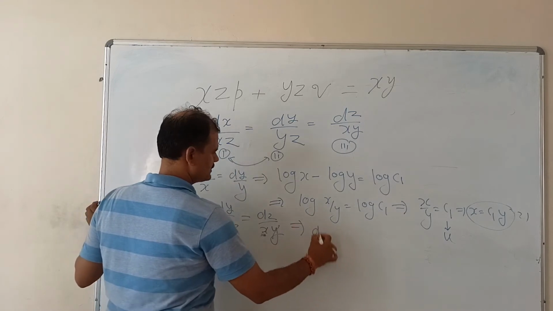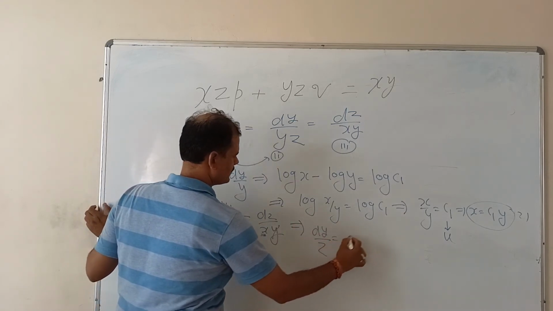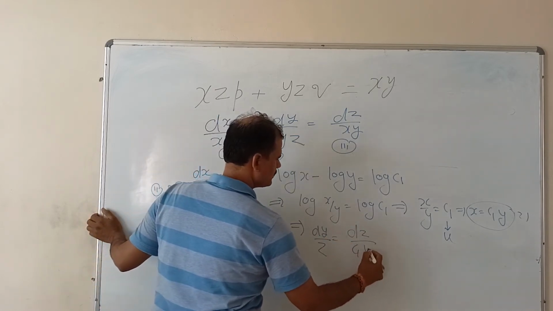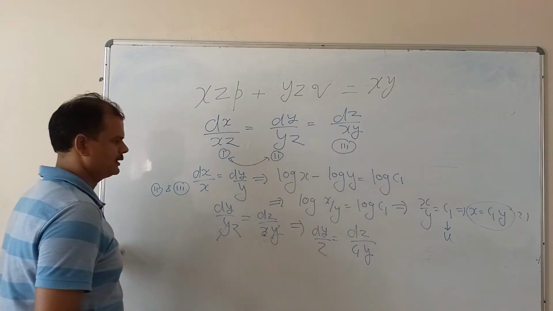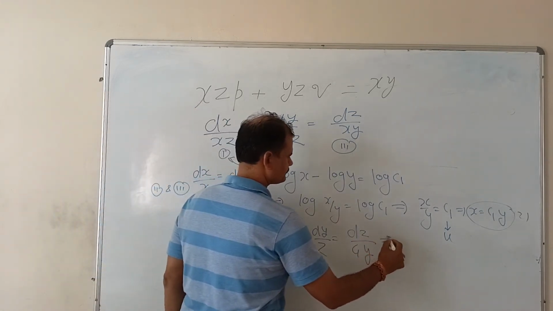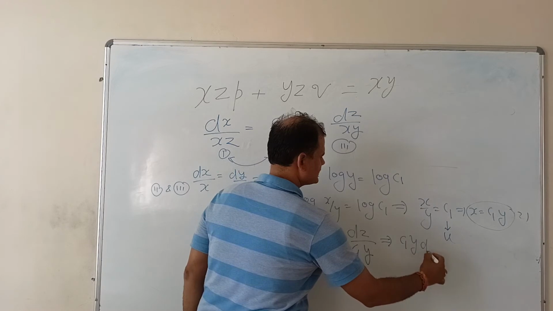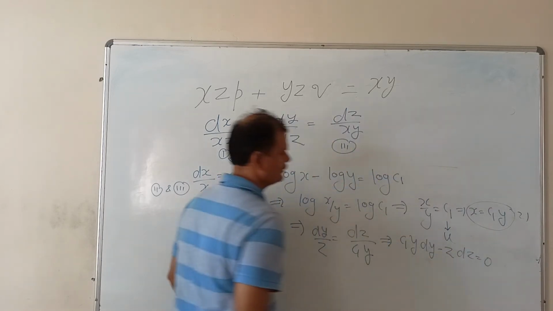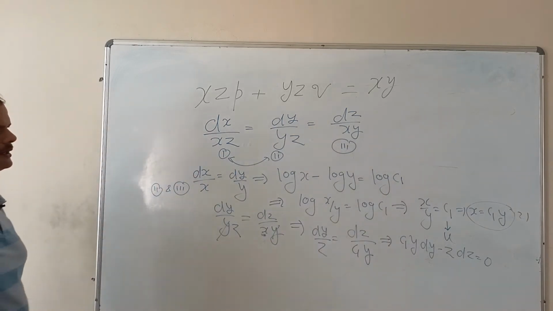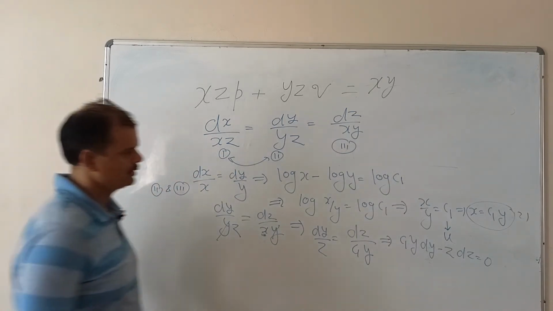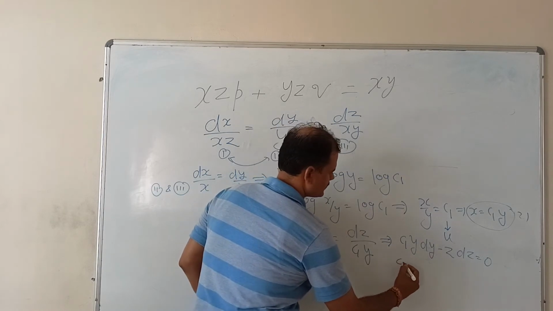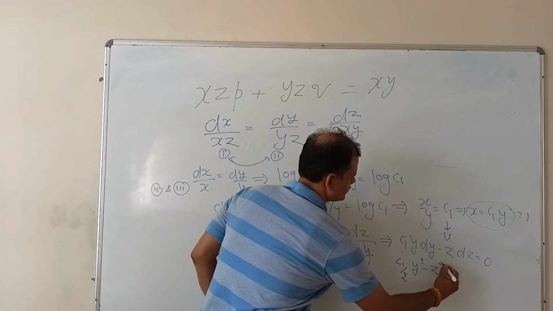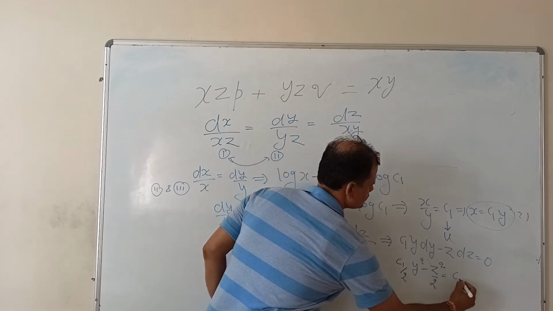Which implies dy by z, dz by, in the place of x I am having c1y. So this will be c1y dy minus z dz equal to 0. Fine. So this will be c1 by 2 y square minus z square by 2 equal to C2.